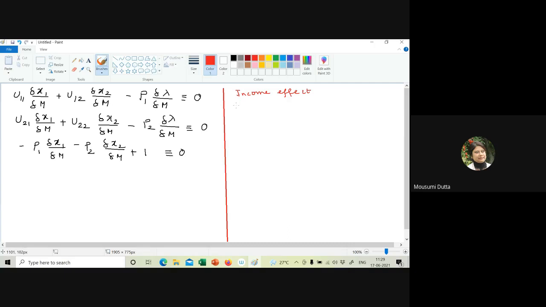And then I'll consider substitution. Now for this part, I can consider the matter with respect to own price. I can consider the matter with respect to price of the other commodity.